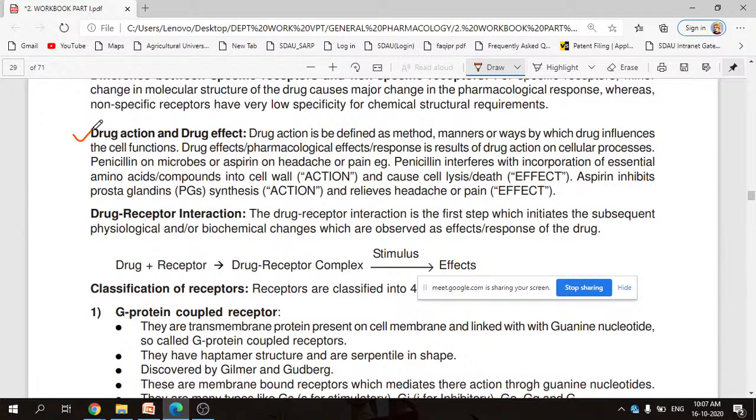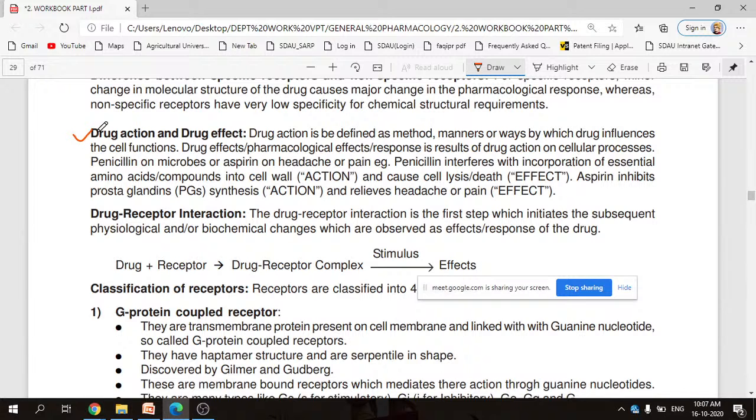Then what is drug action? How does paracetamol reduce the body temperature and the pain? It inhibits the cyclooxygenase enzyme, reduces the synthesis of inflammatory mediators, and thereby reduces the body temperature, the fever and the pain. That is known as drug action.